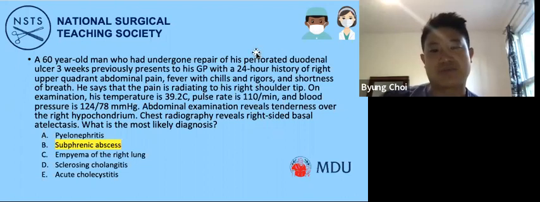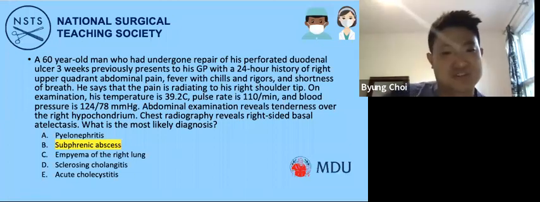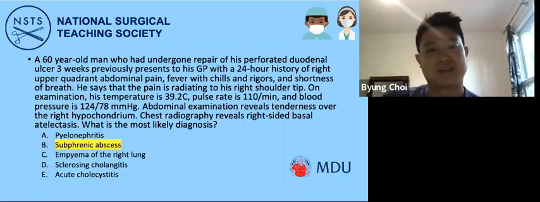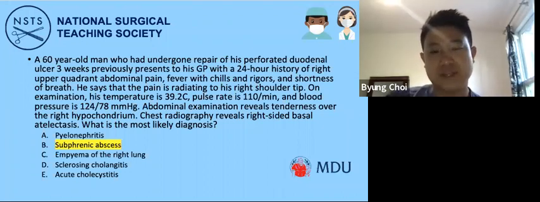So this patient, like we've mentioned, 3 weeks ago had a perforated duodenal ulcer, and presumably, although it doesn't say here, that would have been repaired surgically, either laparoscopically or open. He would have had that repaired, and then probably a washout of his abdomen with antibiotics. But the key is the perforation, really, isn't it? Because then you'll have spillage into the abdomen, and that is clearly an increased risk factor for developing a collection within the abdomen itself.